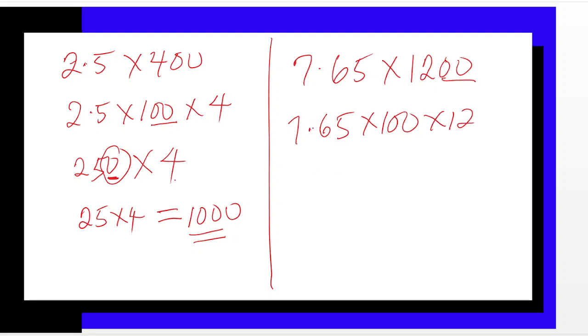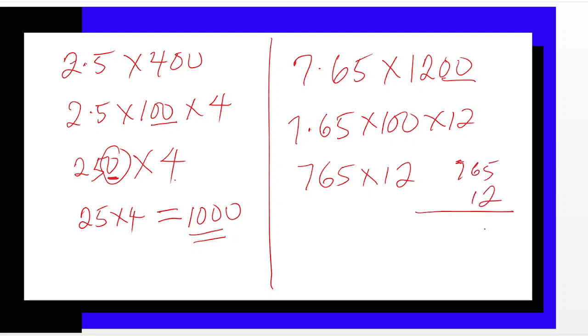So this will move the decimal point 2 places, that will give us 765 times 12, then you multiply. So 765 times 12.